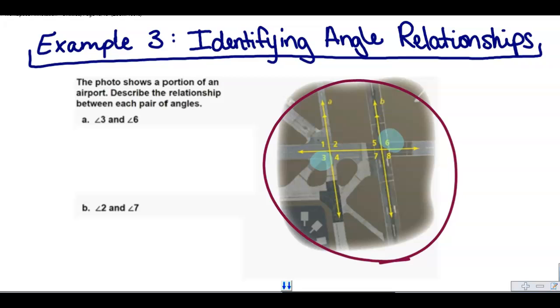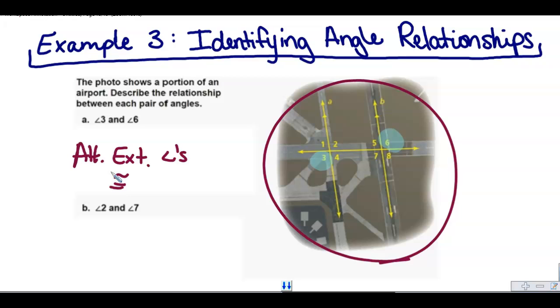Feel free to use your vocabulary for now, but make sure that you have learned these vocabulary words come test time, or even quiz time would be better. Angle 3 and angle 6 are what we call alternate exterior angles. You can abbreviate it as such. Alternate exterior angles are congruent, so once we figure out one, we know the other.